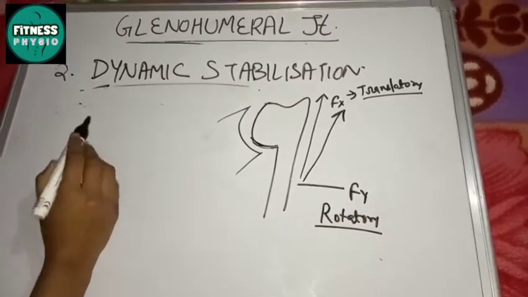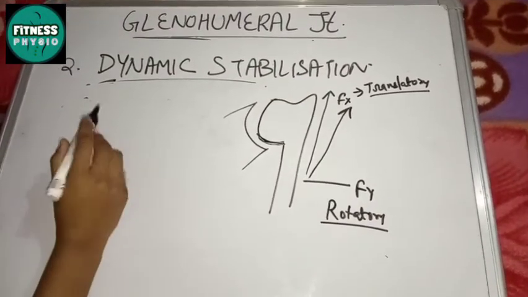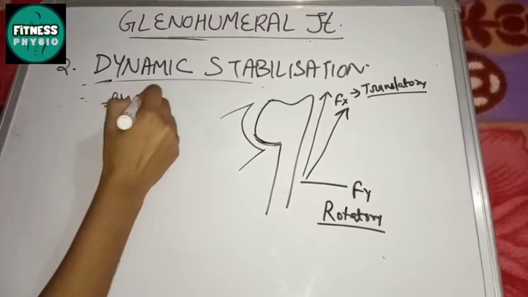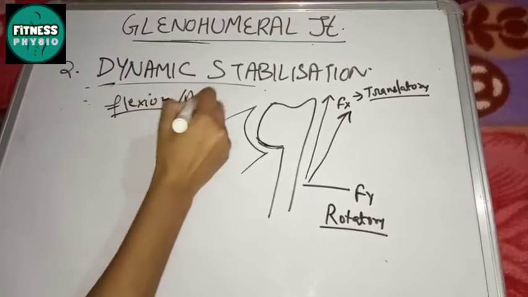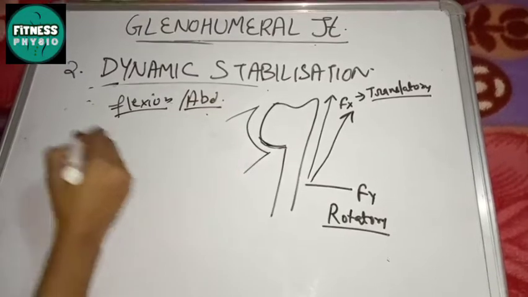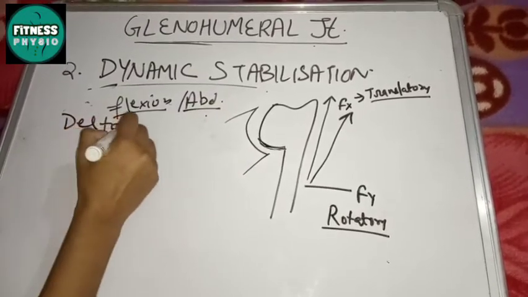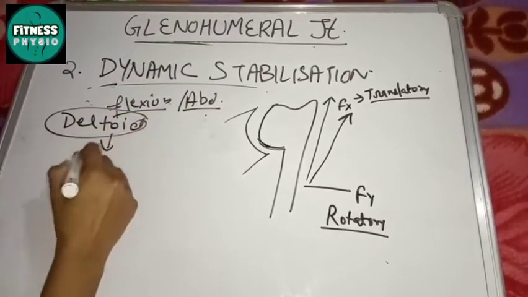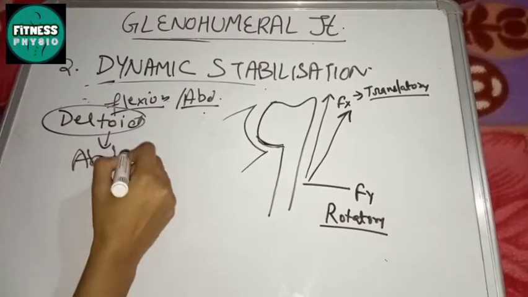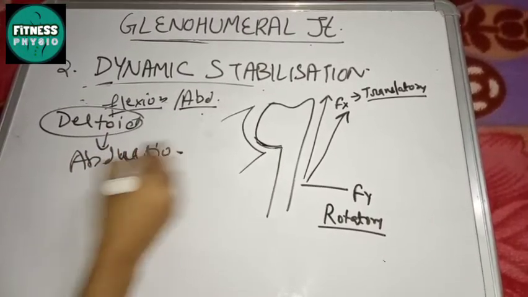So the deltoid muscle is common in both flexion and abduction. Here we are taking the deltoid muscle in abduction movement. So let's see dynamic stabilization.